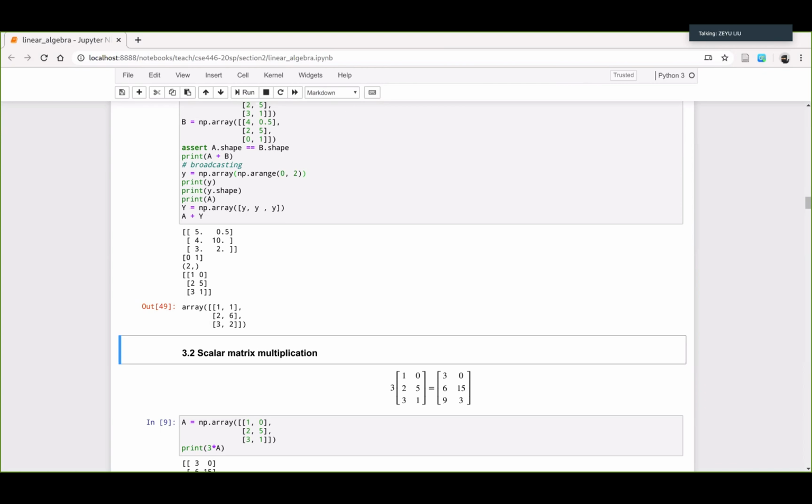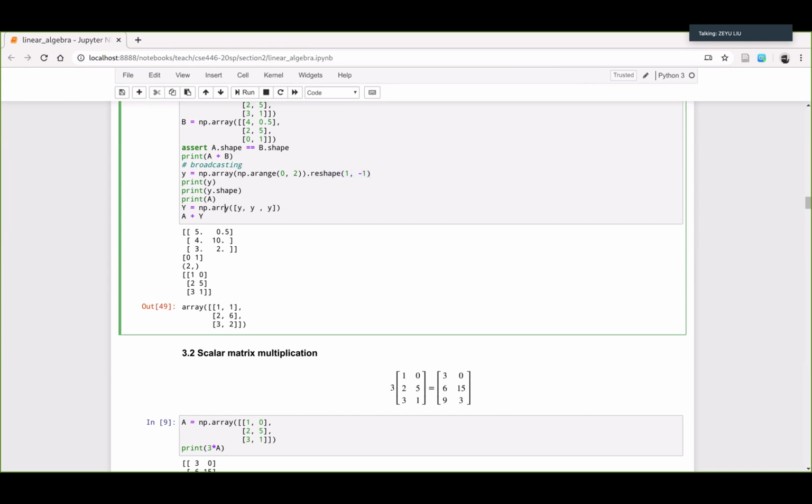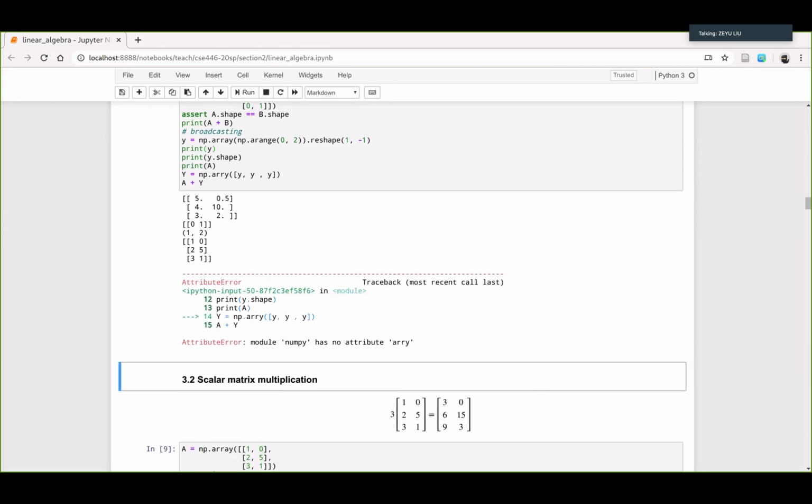Before, it messed up because y had the wrong shape. If I stack y using this reshape, it will have 3 dimensions, so I'll have a 3-dimension thing printed out.